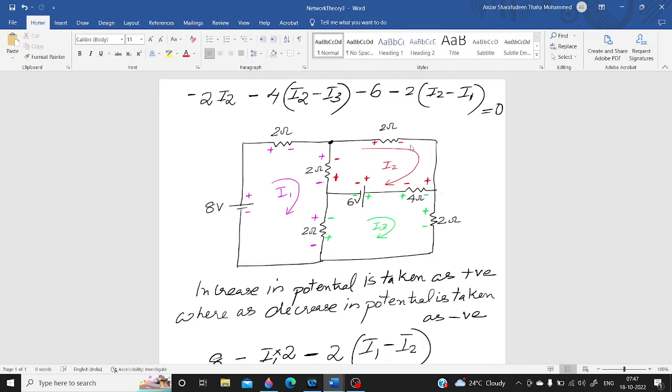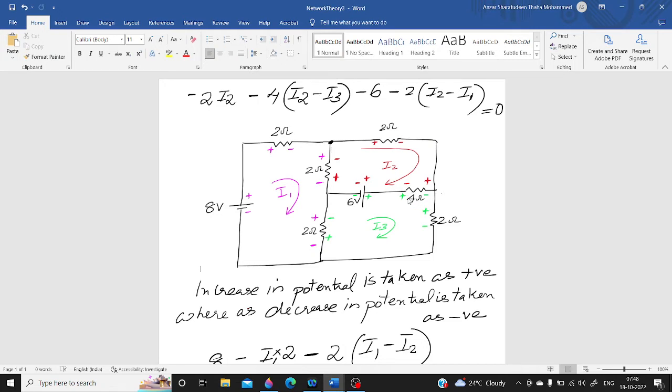So the direction of the second mesh is considered clockwise like this, and along the resistor, along the direction of current, the potential in the resistance is decreasing, so the polarity is given like this. Along the direction of current, the potential is decreasing in a resistor. Here we are considering the current direction as I2, so along the current direction the potential is decreasing.